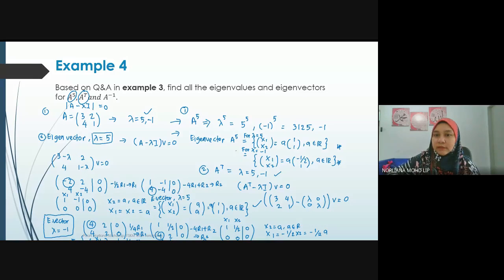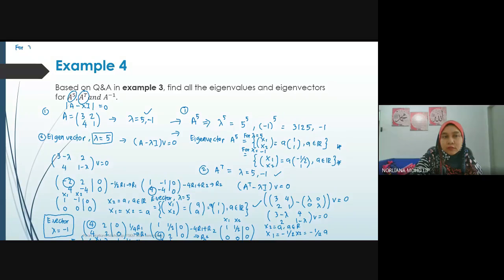So kat sini nanti awak dapat 3 minus lambda 4, 2, 1 minus lambda. Kena cari yang baru lah ni. So saya buat kat sini sambung.